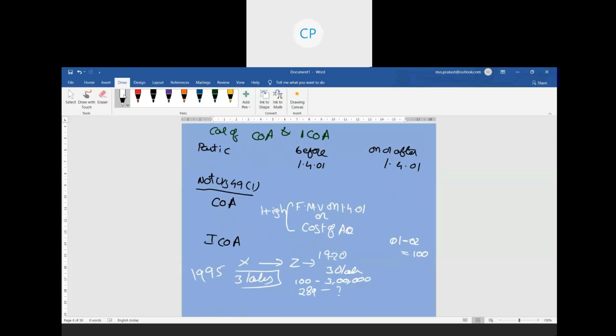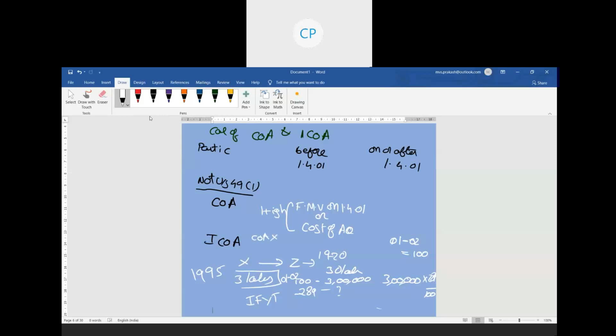How are you calculating that? 3 lakhs into 289 divided by 100. What is 289? It is the index value for the year of transfer; in the year the asset is transferred, the value is 289. And 100 is the index value for the year 2001-02. So if I depict this in a formula: 3 lakhs is your cost of acquisition.